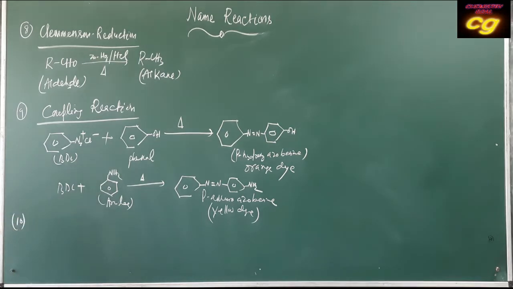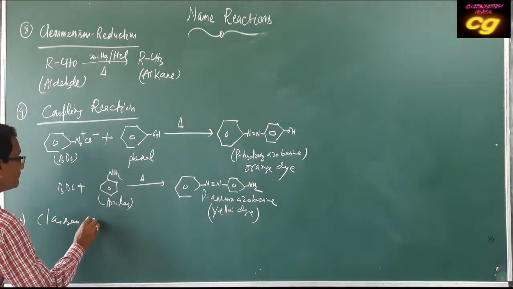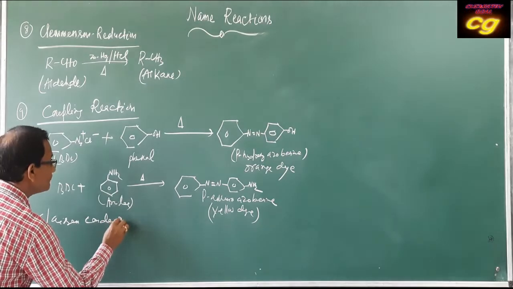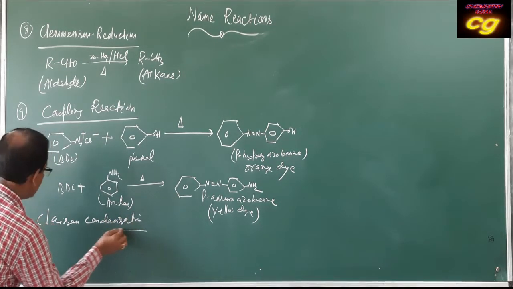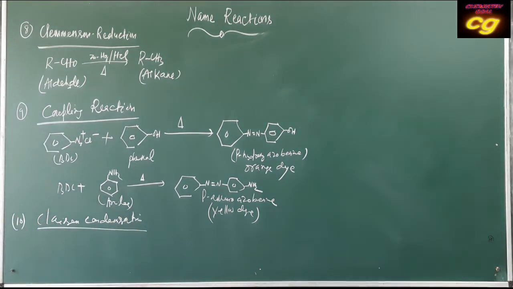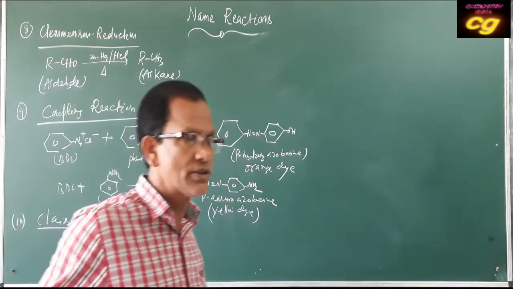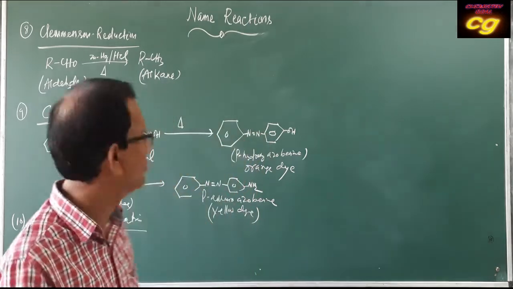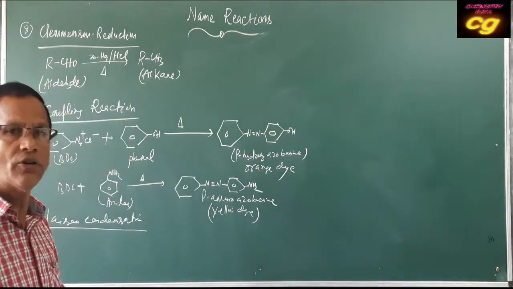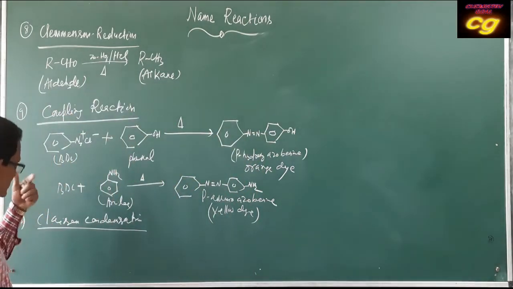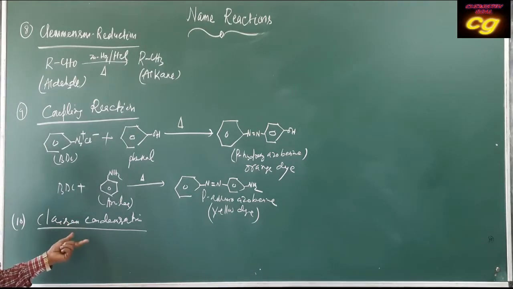that is Claisen condensation. And this reaction is only for condensation of esters. Already we have discussed condensation of aldehyde and condensation of ketone in the case of aldol condensation. Here it is a similar type, but here the condensation is between esters.